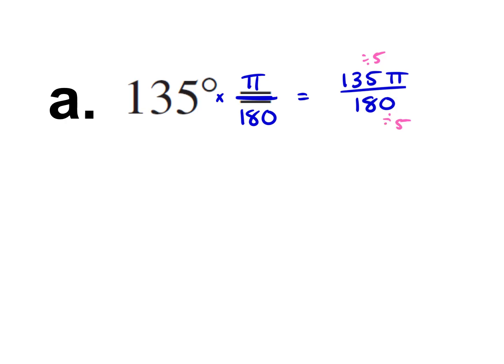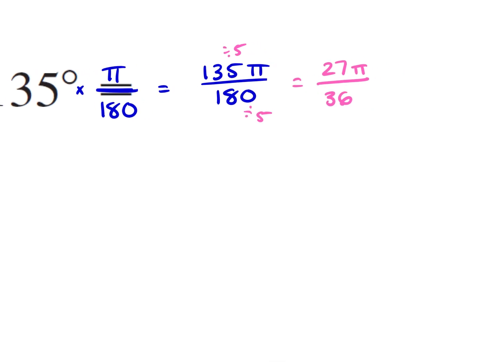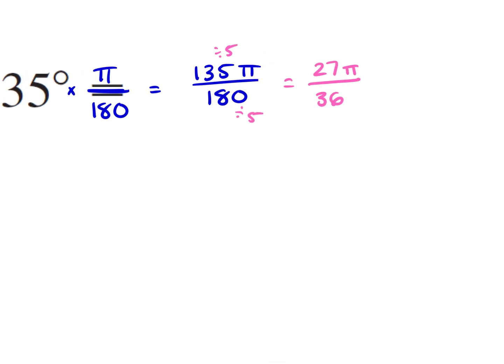If that's the only thing that you see, divide it and then try again if you need to divide again. How many times does 5 go into 135? 27. Perfect. So 27 pi over, how many times does 5 go into 180? 36. Awesome. Now what goes into both 27 and 36?